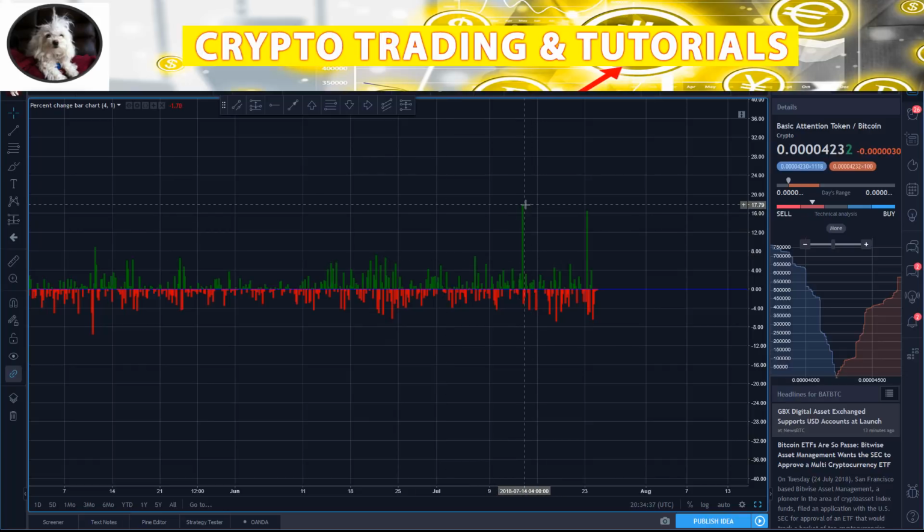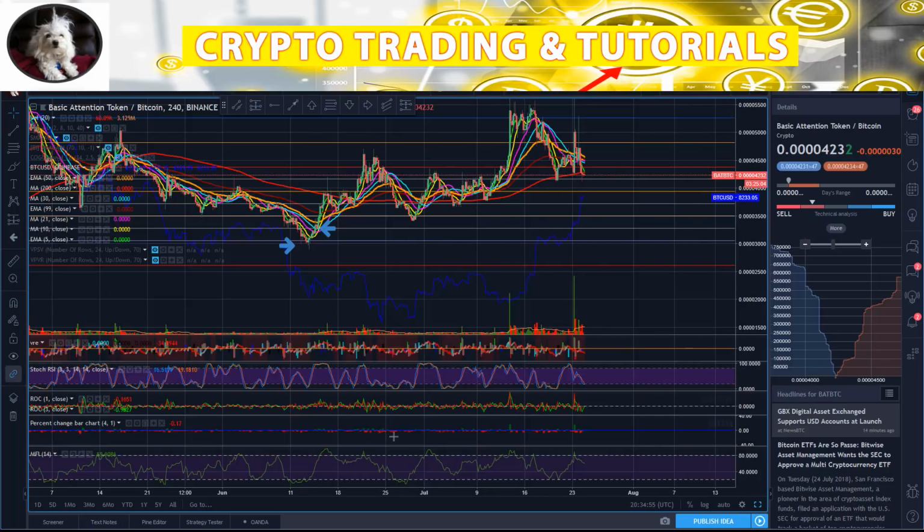So this day here was a 17% change. This day here was a 16% change. If you get used to using the rate of change, you can get a general feel of the momentum. It's the same information that you're getting from the chart, only it's broken down in a different way. So the rate of change is another good indicator.